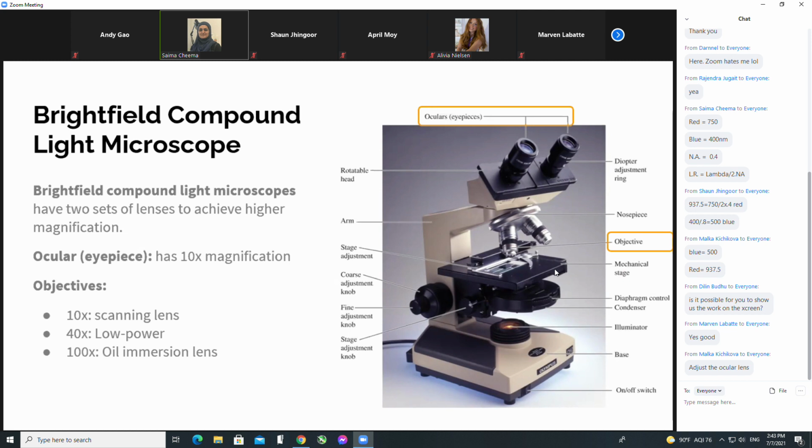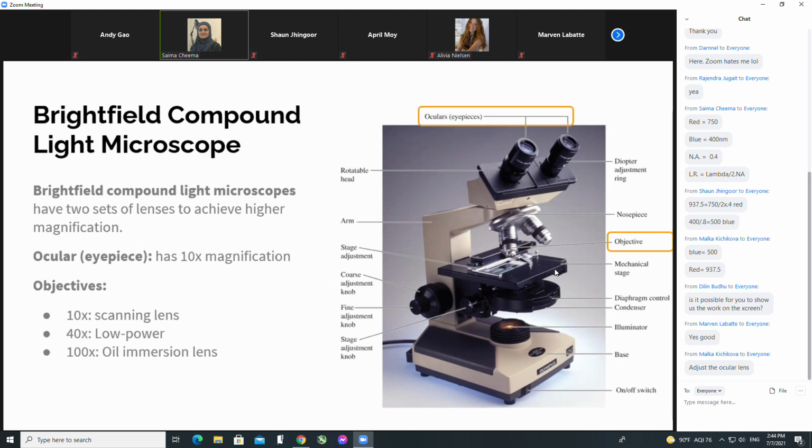So you would move the stage as close to the scanning objective lens as you possibly can, as you're looking at it from the side, so as to not hit the slide and crack it and break the slide, as well as damage the objective lens. So you want to be looking at it. And then you begin to lower the stage as you look through the oculars, so that you slow down as you are seeing a sharper and sharper image.